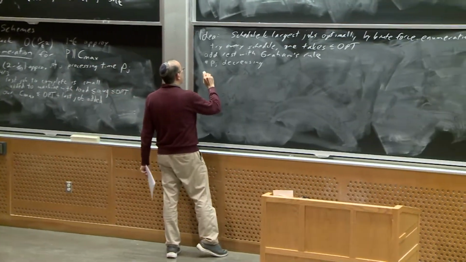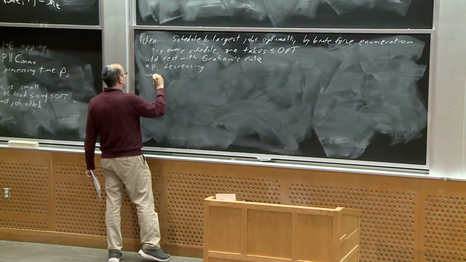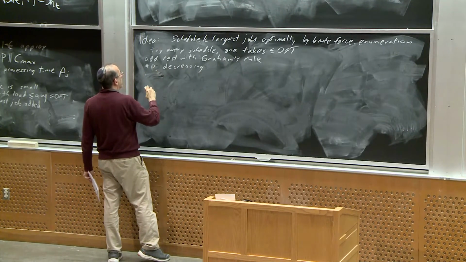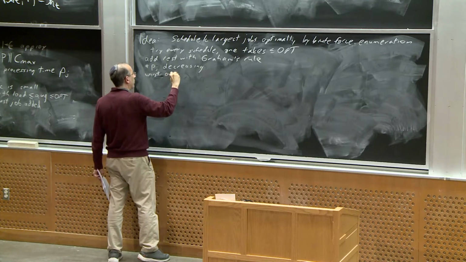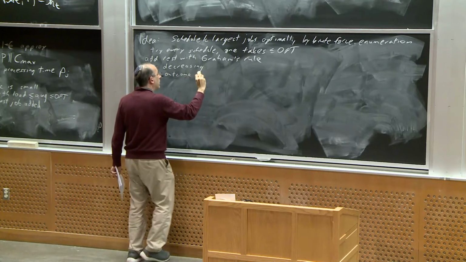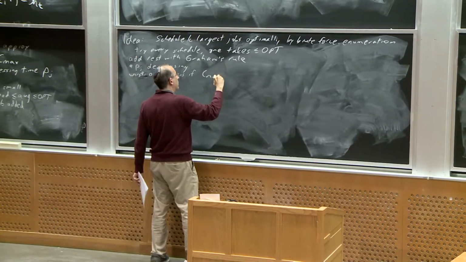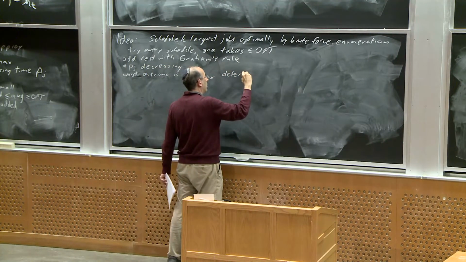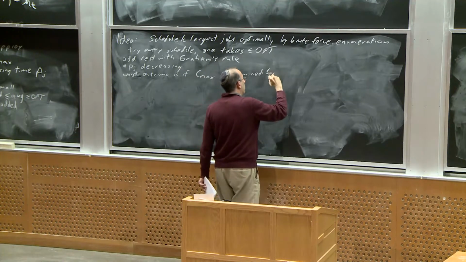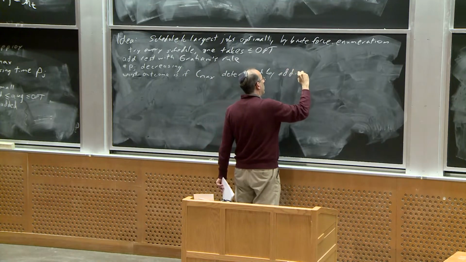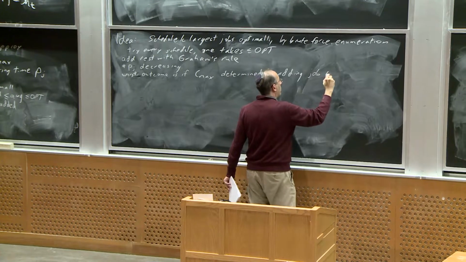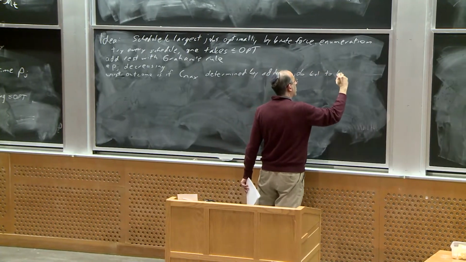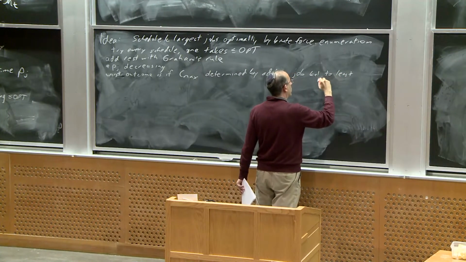So the worst possible outcome is if Cmax is determined by adding job k plus 1 to the least loaded machine at the time.